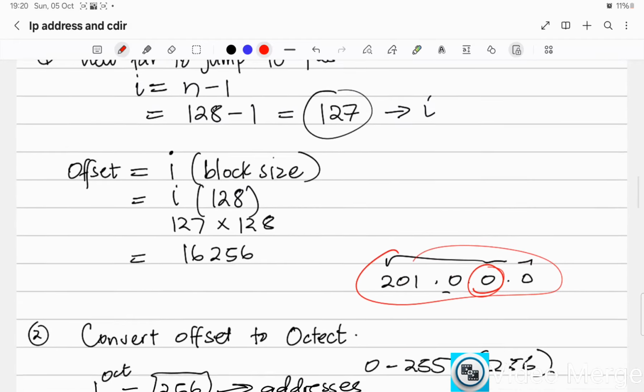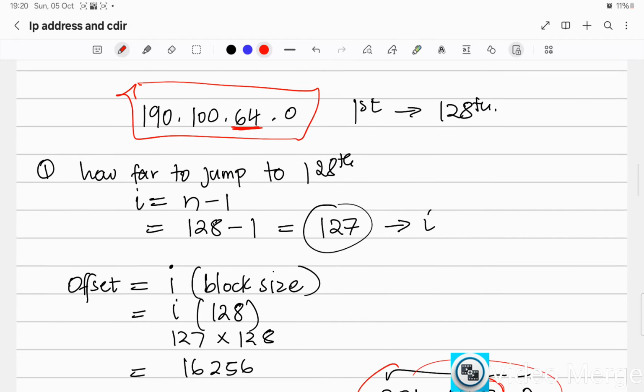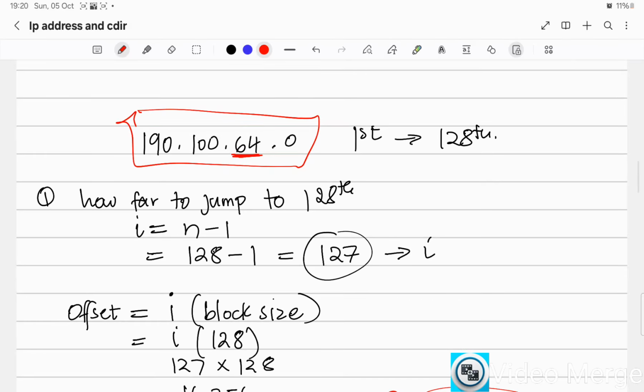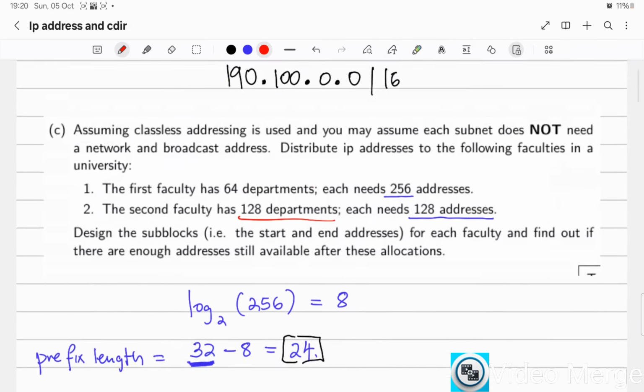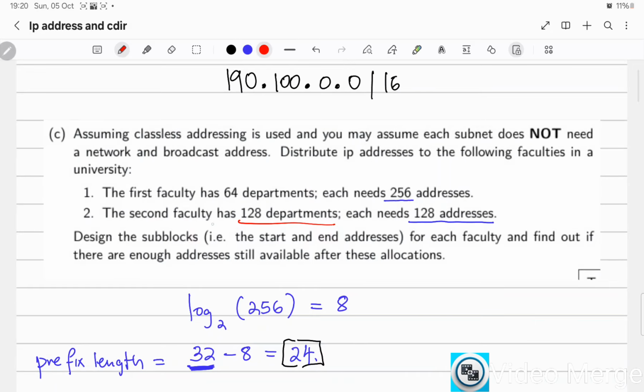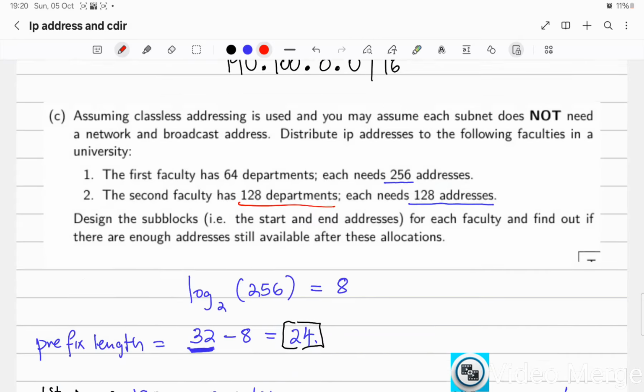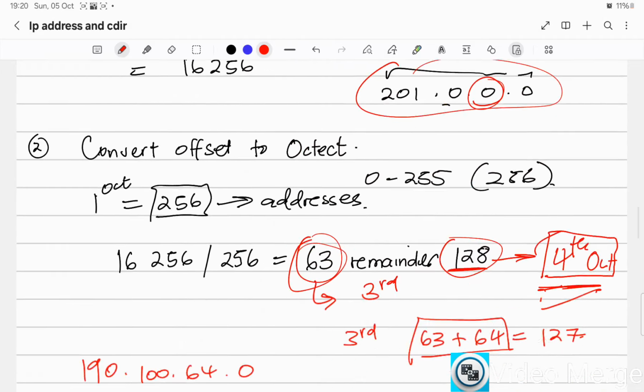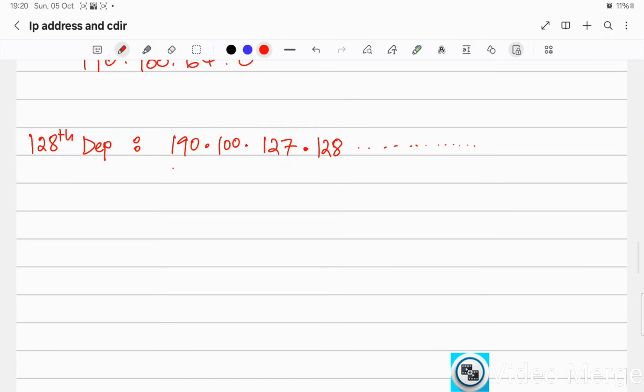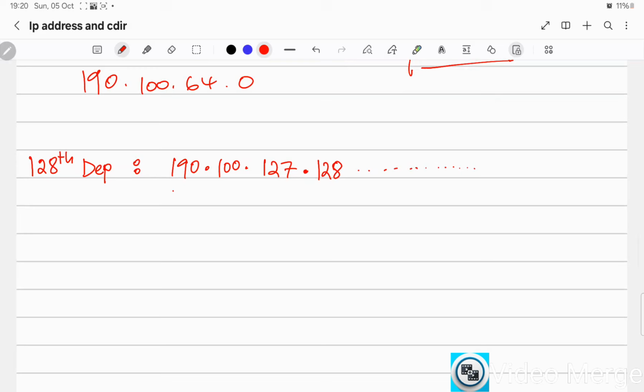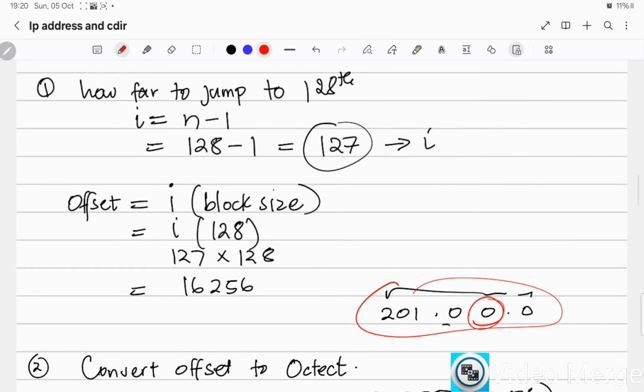What was the question? The question is here. The question was saying the second faculty has 128 departments. Each needs 128 addresses. You just come back here. You add 128 from here to, remember you are jumping using 127.